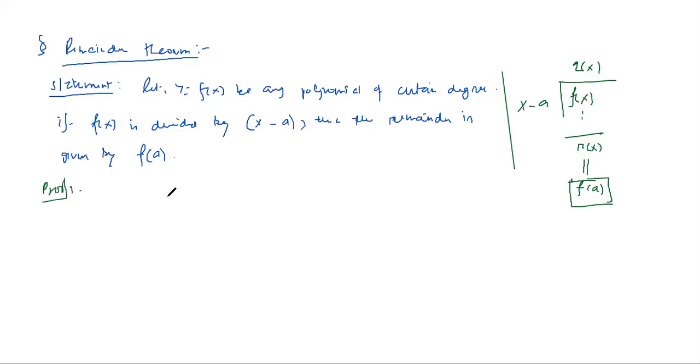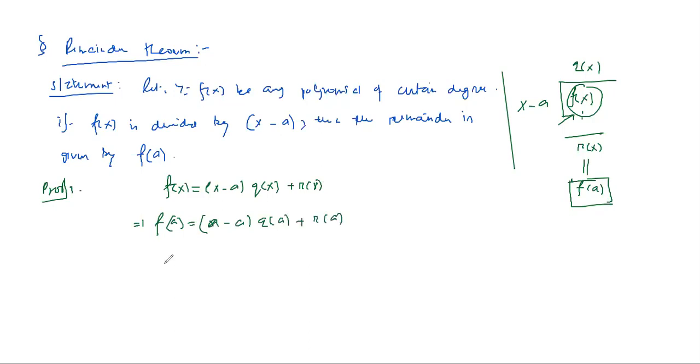So we'll be starting with the proof, right? So you see, I'll not write the maximum statement. I'll write the minimal statement. So if f(x) is divided, this is a dividend. So dividend will always be equal to divisor into quotient plus remainder, right? Now you put a in all the places. That means f of a we want to find.